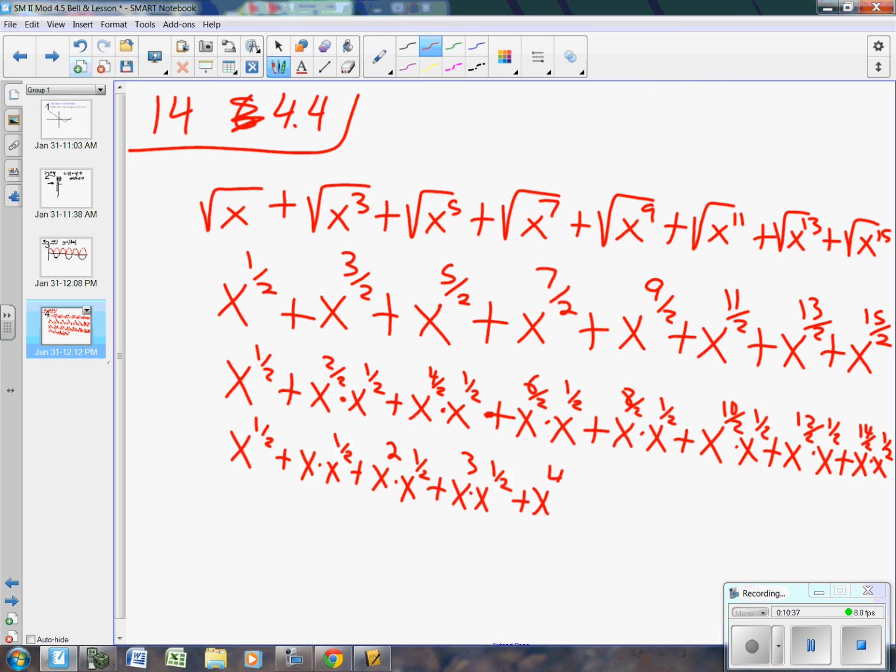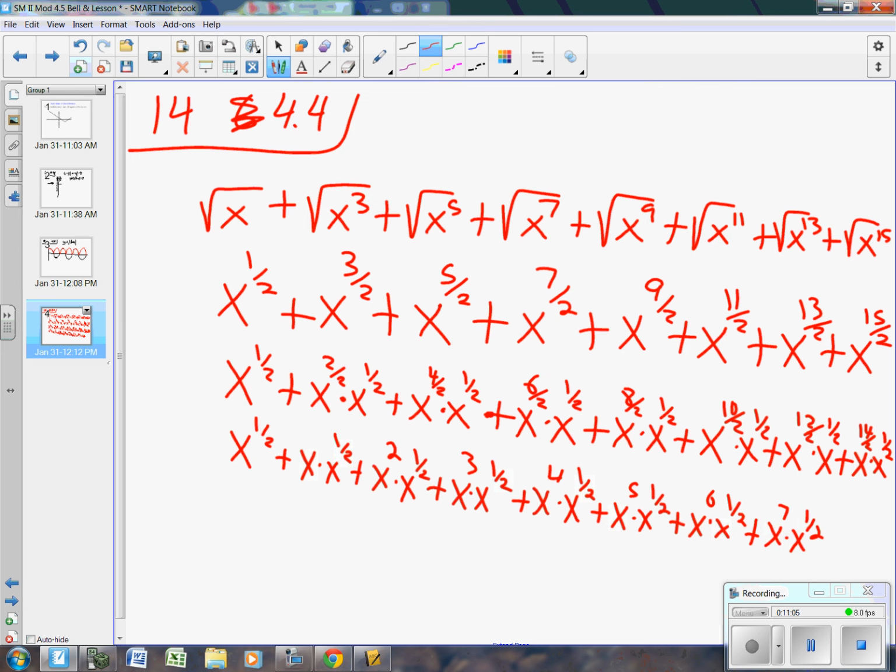X to the fourth times x to the 1/2. Plus what? X to the fifth times x to the 1/2. Plus what? X to the sixth times x to the 1/2. Plus x to the seventh times x to the 1/2, right?